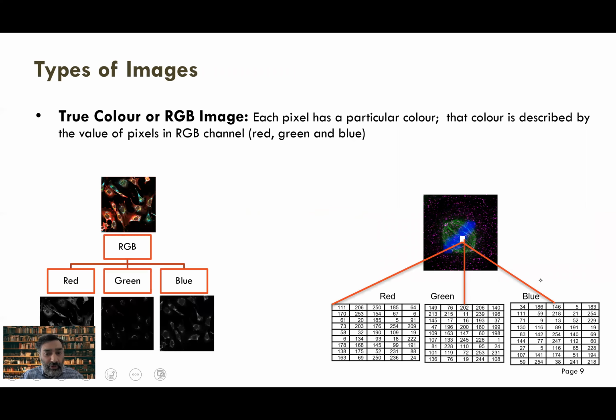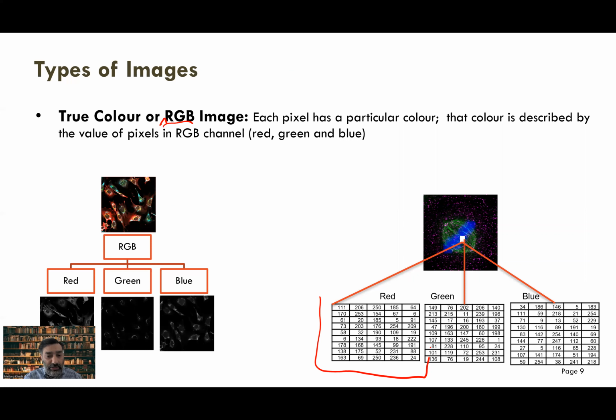So for that, we need to cover some basic concepts of image processing. The first concept is to know that every image can consist of one channel or usually 3 channels called RGB. R stands for red, green, and blue. When we say channel, that just means it's a 2D matrix.